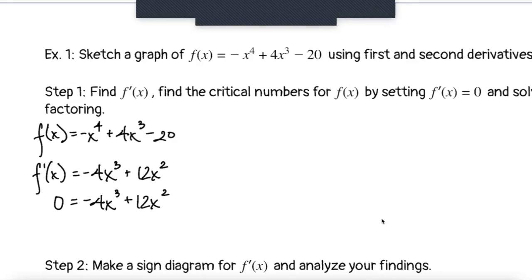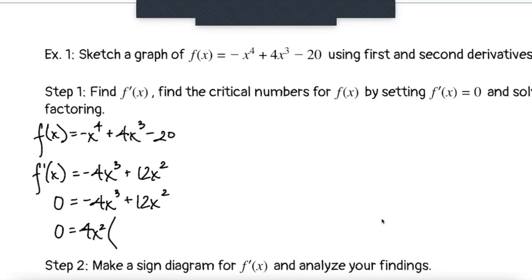All right, so let's go ahead. What is our greatest common factor here? Four. Yeah, 4 is possible. 4x is possible. I think 4x squared might be the best one to factor out. So we're going to have a 4x squared.